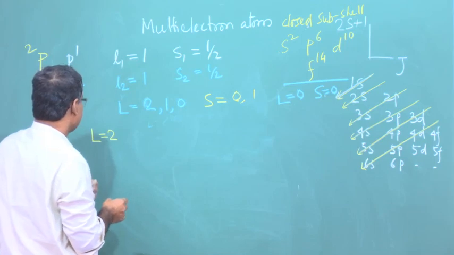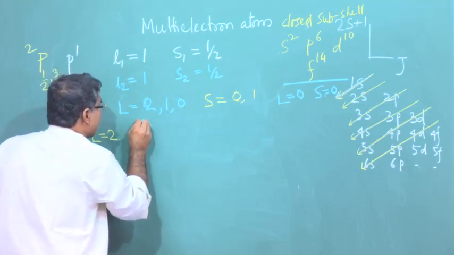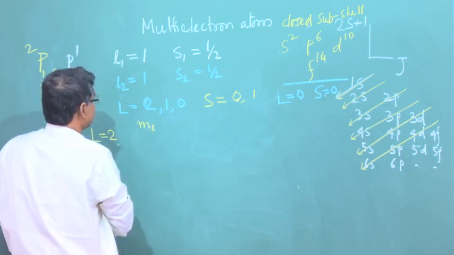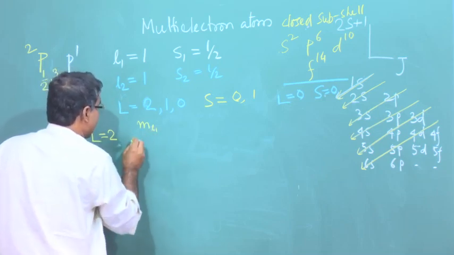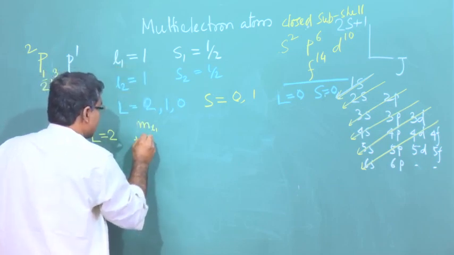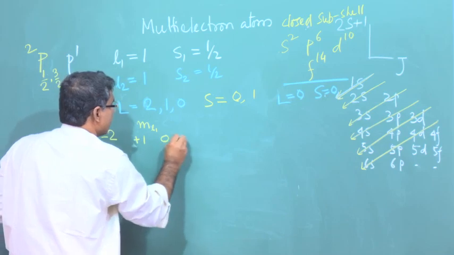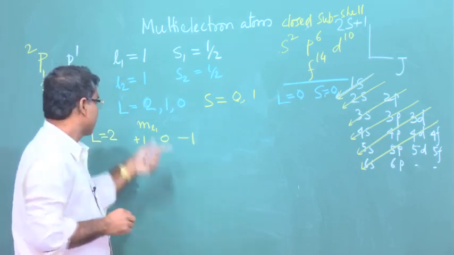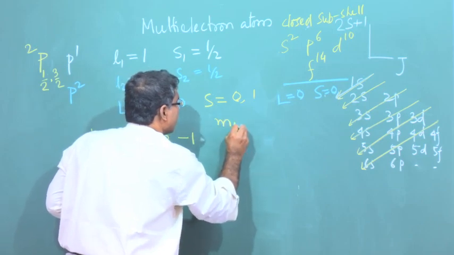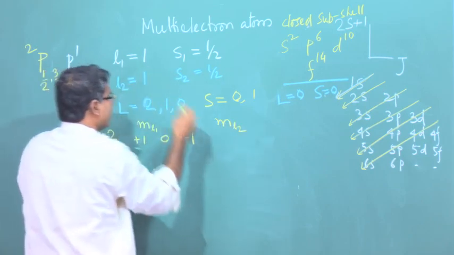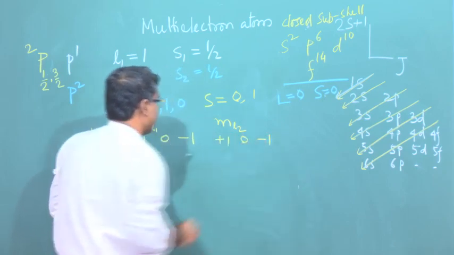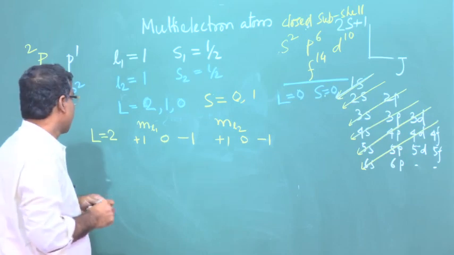So, I have 2 electrons. For 2 electrons, ml1 will have 3 values: plus 1, 0, minus 1. And ml2 can also be either plus 1, 0 or minus 1.